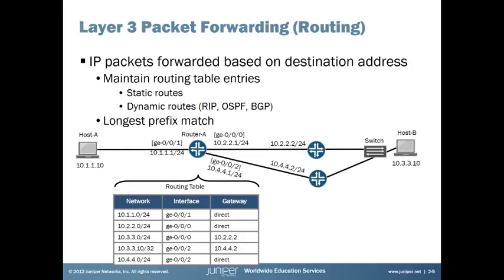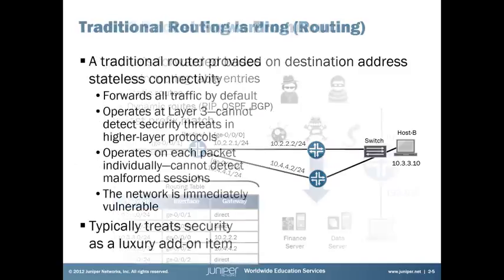We use static routes, or we use a routing protocol, such as RIP or OSPF or maybe BGP. So, as we know, the packet arrives on an interface, the router looks at its routing table, and then forwards it out another interface, using the longest prefix match to figure out the best interface to forward that out.